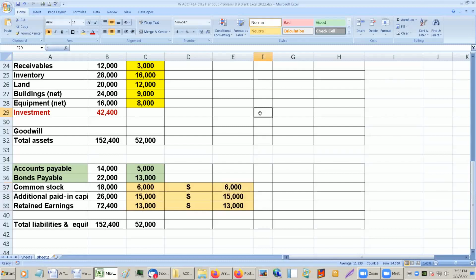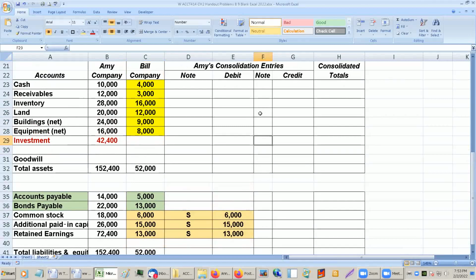We have to take it out of the investment. So this would be us. And I'm going to concentrate so I don't goof this one up. So this would be this plus that plus that 34. I think that's right.